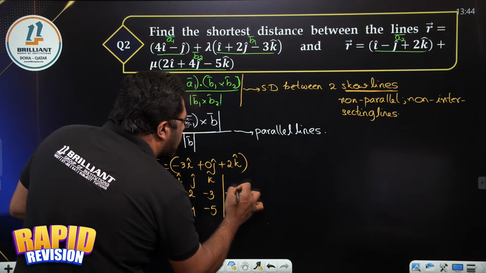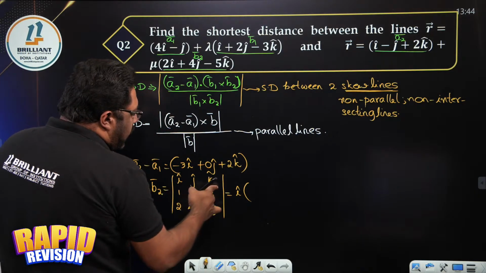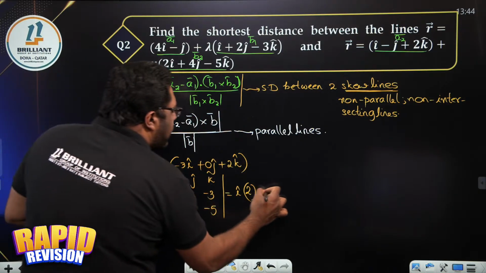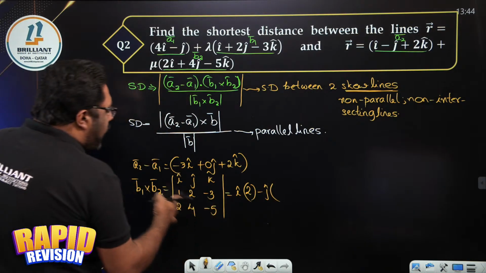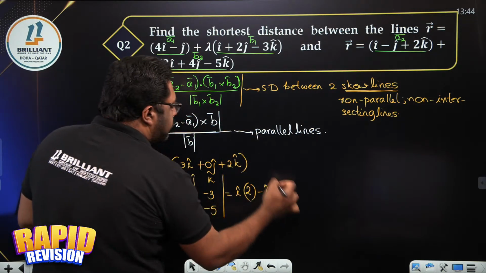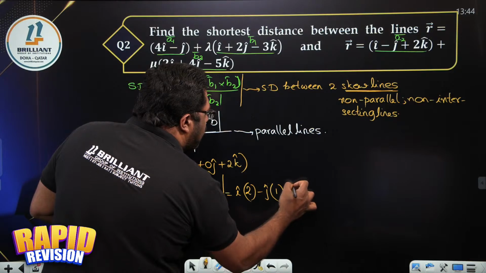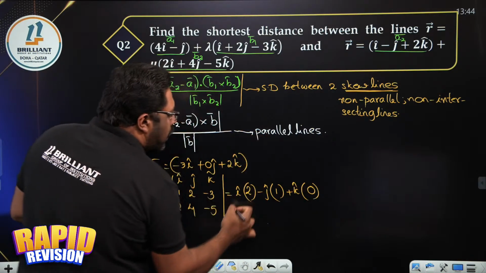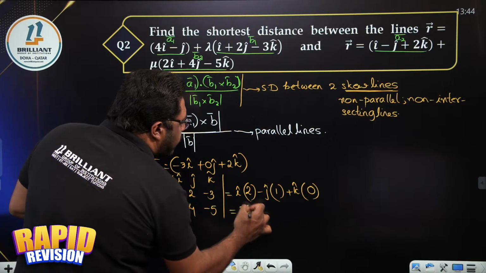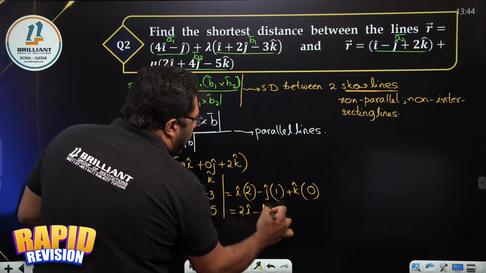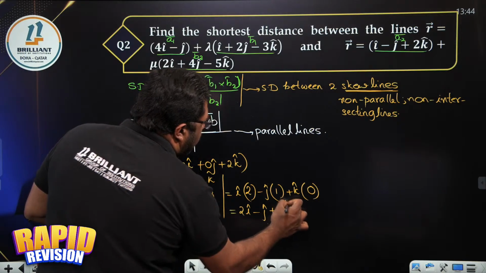So the answer is i into minus 10 plus 12 is 2, minus j into minus 5 plus 6, 1, plus k into 4 minus 4, 0. So my cross product is 2i minus j plus 0k.